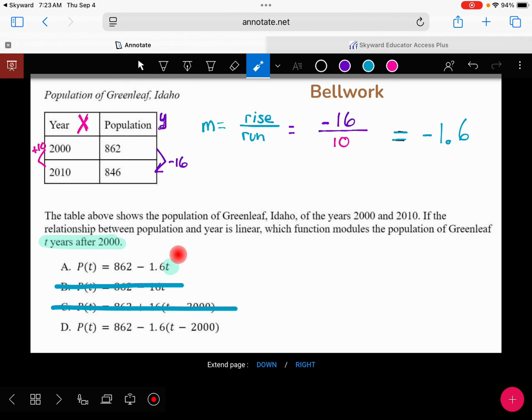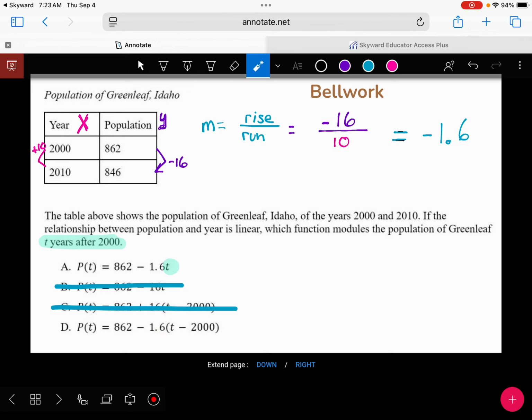So if you get to something like this on the SAT or PSAT, a good option is, well, I've narrowed it down to 2. How can I substitute in? For t years after 2000, I could put in a 10 and try to get an answer of 846. I could put in 0 and see if I get 862. This one would give me wrong answers.